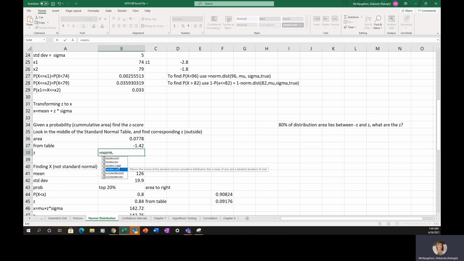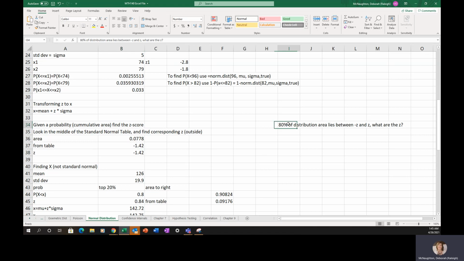Okay, so if we use norm.s.inv and we put in our area, that's all we put in. And so the z value is 1.42. If they happen to give you the area to the right of the z, or the area to the right, and then they're asking you to find this, then you would want to use 1 minus that area to get your z-score.